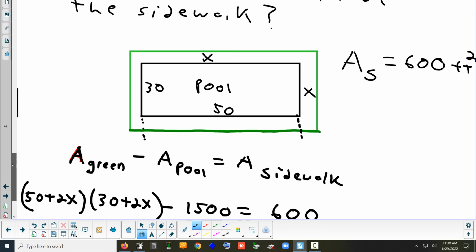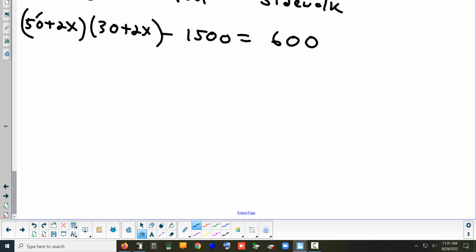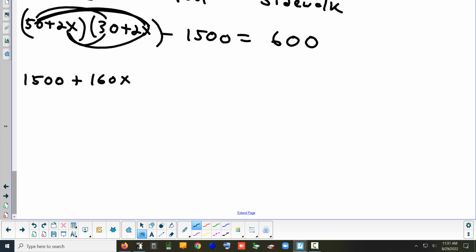So when we multiply, remember you have to FOIL. 50 times 30 is 1,500, which is nice because something's going to cancel out. What's 50 times 2x? 100x. And what's 30 times 2x? 60x, and 2x times 2x, 4x squared.